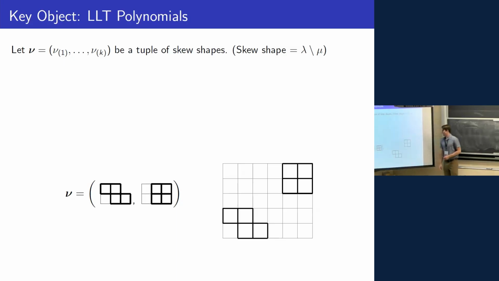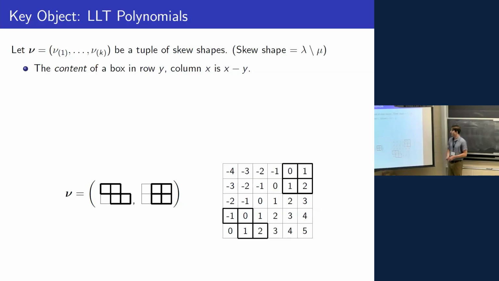Then I'm going to align them according to their content diagonals. For every box, you can compute its content, which is just the difference between its column number and row number. Here I've put these two shapes in a plane so that their 0 content diagonals line up, their 1 content diagonals line up, and so on.